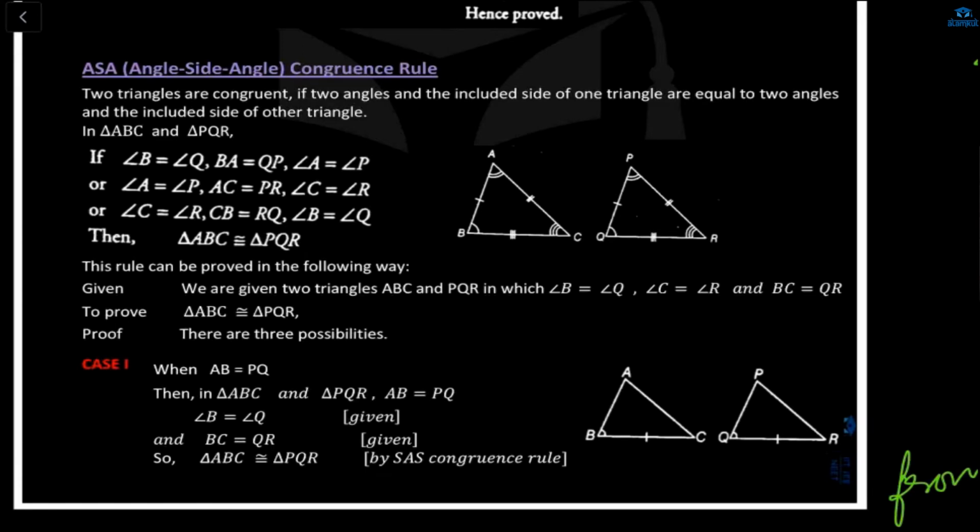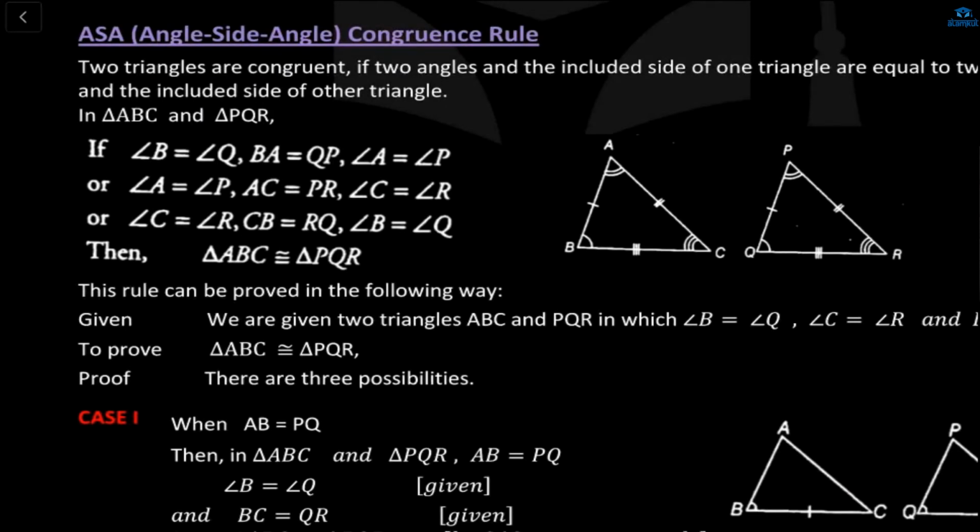Now from the ASA, angle-side-angle congruency rule, what does it say? For example, if two triangles ABC and PQR are given to you. If angle B is equal to angle Q, angle A is equal to angle P, and BA is equal to QP, then the two triangles are congruent. If angle A is equal to angle P, angle C is equal to angle R, and side AC is equal to PR, then the two triangles are congruent.